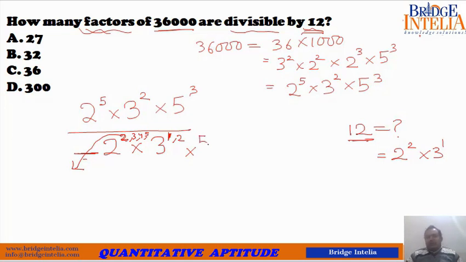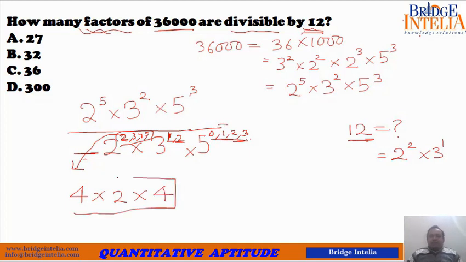So no restriction on powers of 5, from 0 up till 3, any of the possibilities. So how many possibilities? 4 for 5, 2 for 3, and 4 for 2. These are the total number of combinations you can generate. Each combination means a factor. So 4 into 2, 8. 8 into 4, 32. So the final answer is 32.